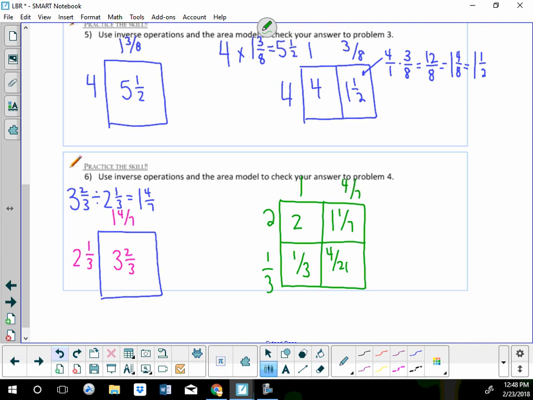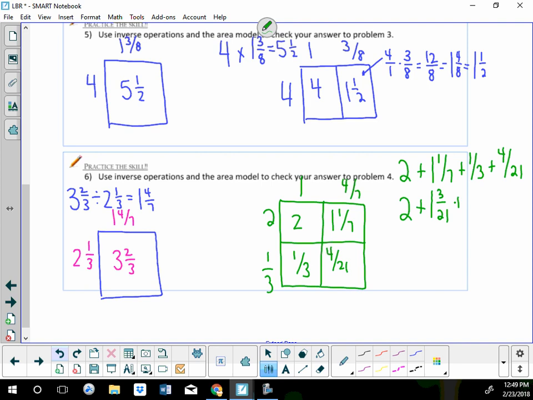So we have 2 plus 1 and 1/7 plus 1/3 plus 4/21. Crew, what is our common denominator? 21. Okay, so help me out. 1 and 1/7, how many 21sts is that? 1/3, how many 21sts is that? 7. And then we have 4/21.